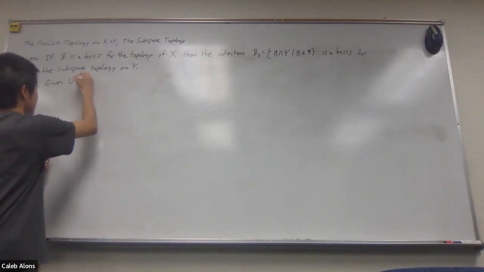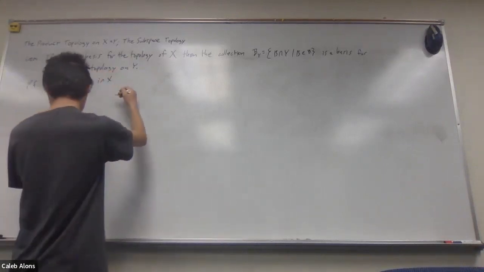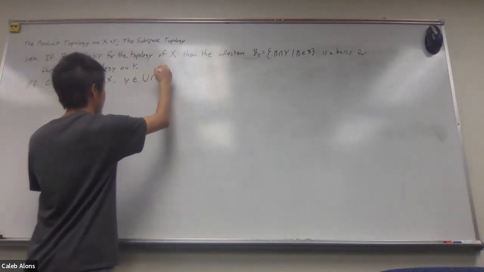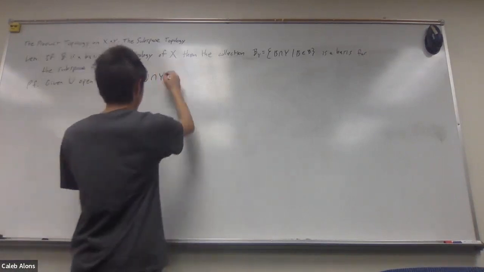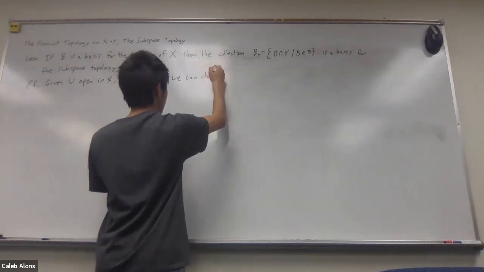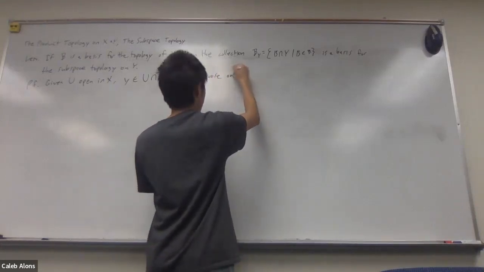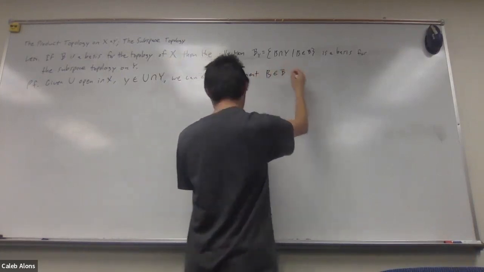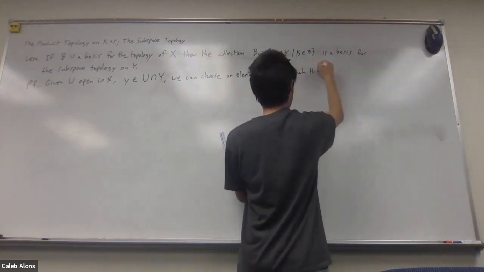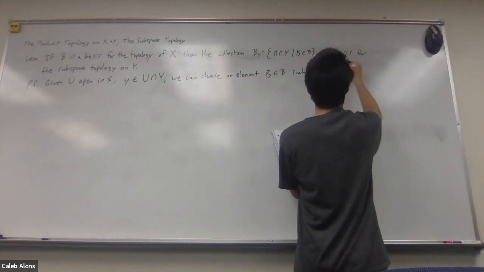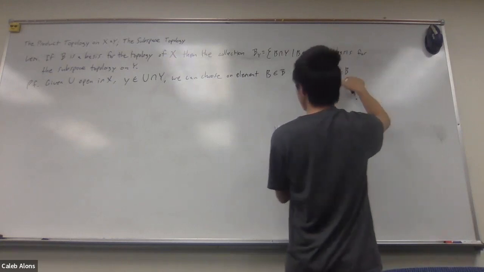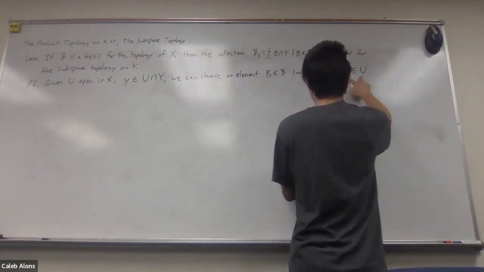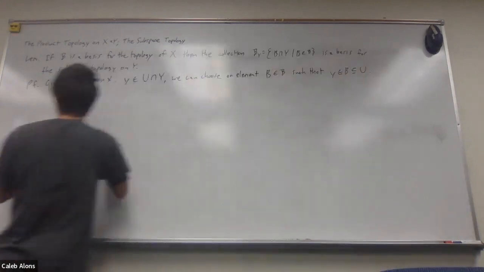Given U, which is open in X, and also if we choose an element y in this intersection of U intersecting Y, we can choose an element, one of the basis elements, such that y is in B, and then that B is a subset of U. Whether or not it's actually U itself or smaller can change, but it doesn't really matter.